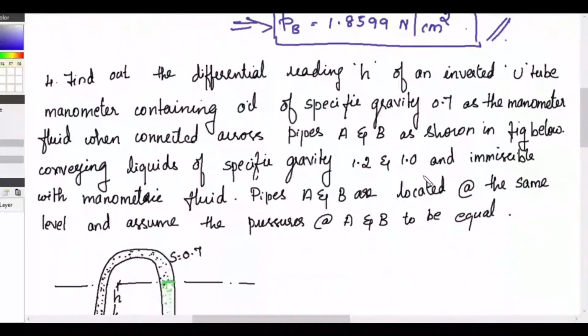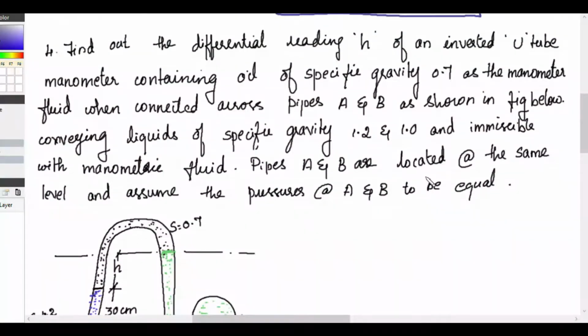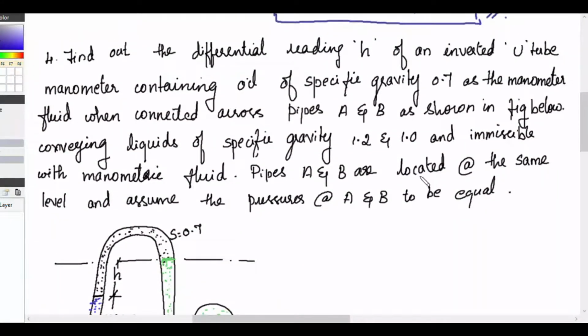Now we will move on to the next problem, our fourth problem. Find out the differential reading h of an inverted U-tube manometer.